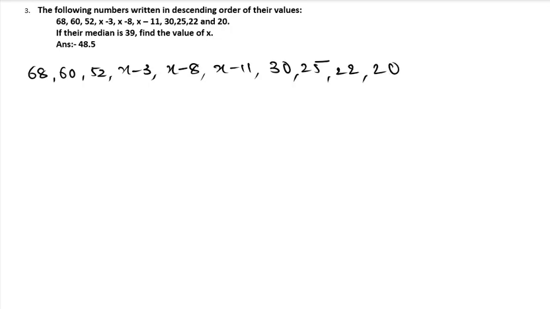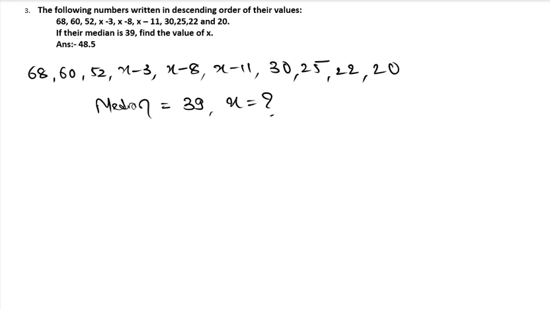So these are written in descending order of their values. And the median is 39. They have given that median is equal to 39. Find the value of x.